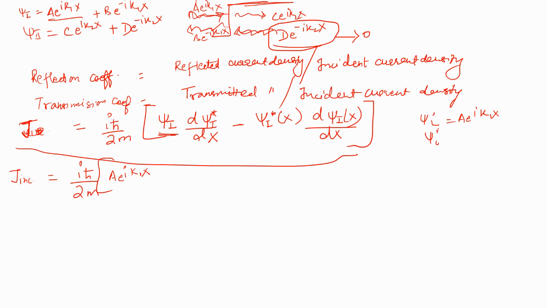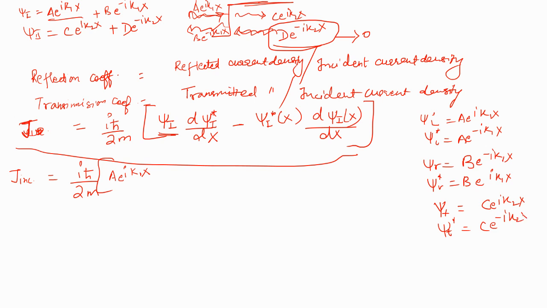So psi incident star is equal to a e raised to the power minus iota k1x, and psi reflected is equal to b e raised to the power minus iota k1x, and psi reflected star is equal to b e raised to the power plus iota k1x, right? Psi transmitted is equal to c e raised to the power iota k2x, and psi transmitted star is equal to c e raised to the power minus iota k2x.